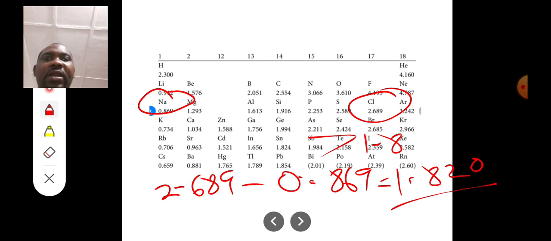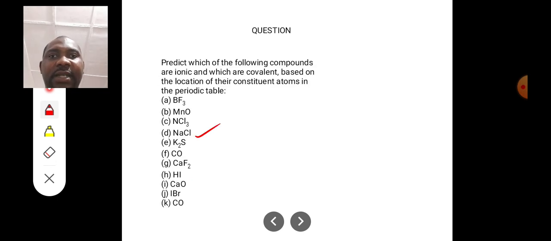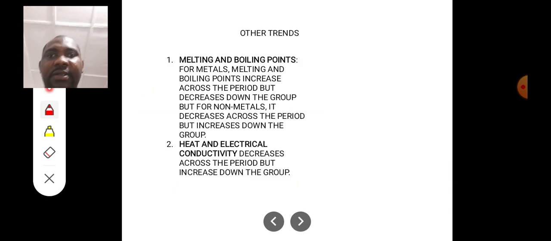Okay, so when you are given two elements and asked to find the type of bond between them, all you have to do is subtract their electronegativity values, which will be given to you, and you find the type of bond. Okay, the rest of the questions, please just answer them and send them to me. I would like to see your answers.